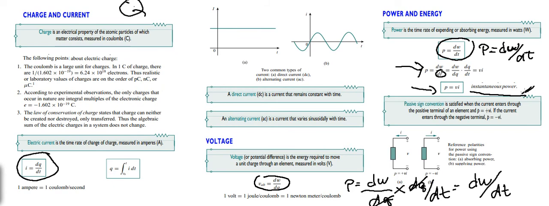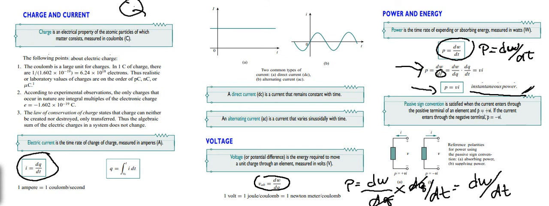What is instantaneous power? Instantaneous power is power that is time dependent. Now, what is passive sign convention? Passive sign convention is satisfied when the current enters through the positive terminal of an element and P is equal to positive VI.